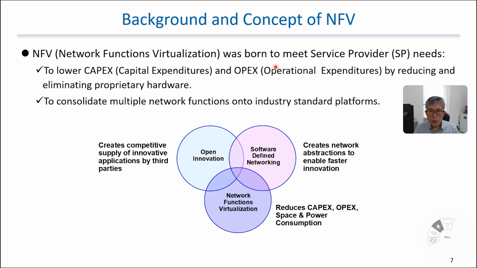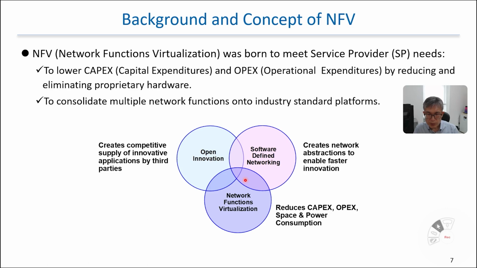NFV was born to meet the needs of service providers like Google, Amazon, and so on, to reduce CAPEX, which means capital expenditures, and OPEX, which means operational expenditures, by reducing and eliminating proprietary hardware, and to consolidate multiple network functions onto industry standard platforms.